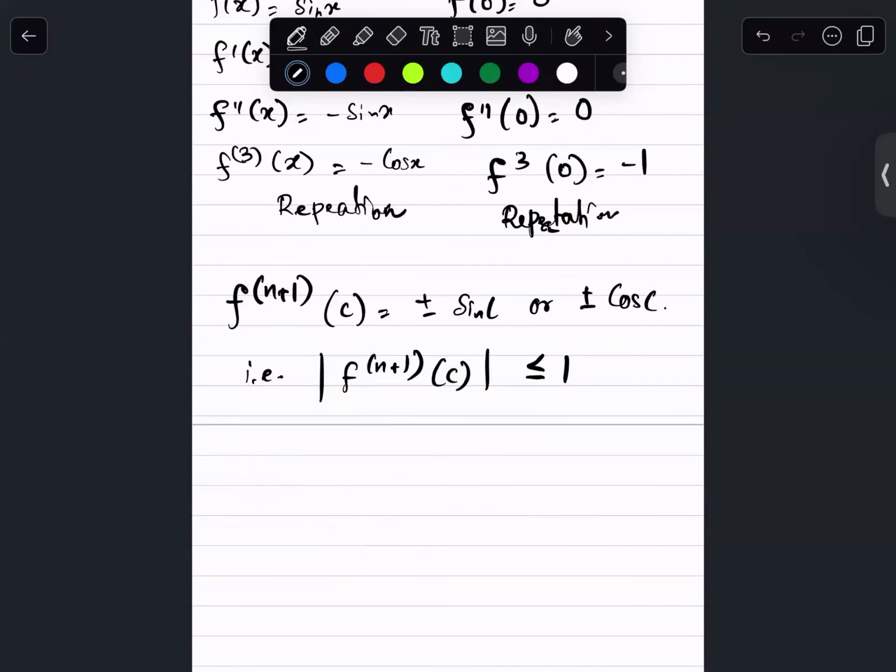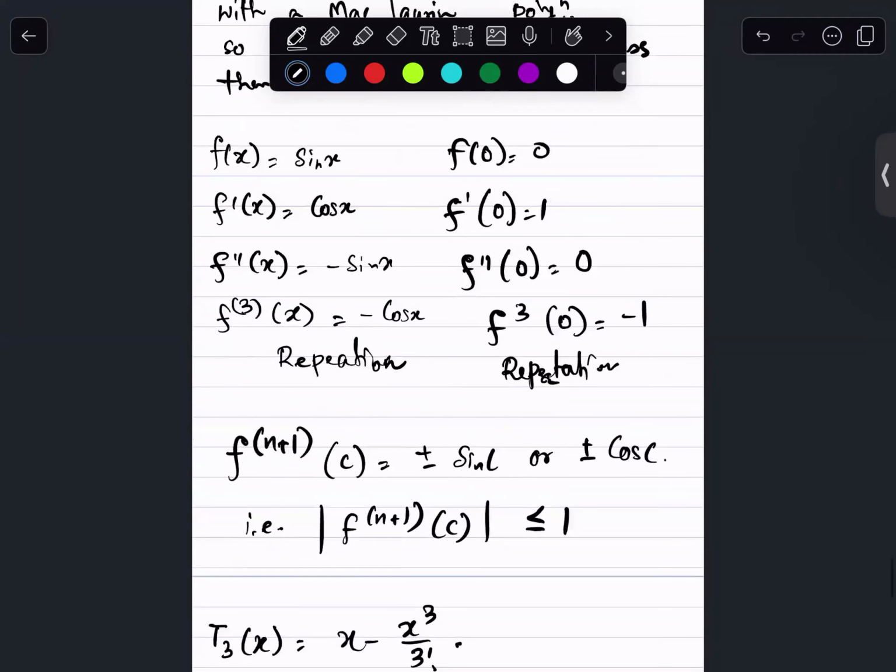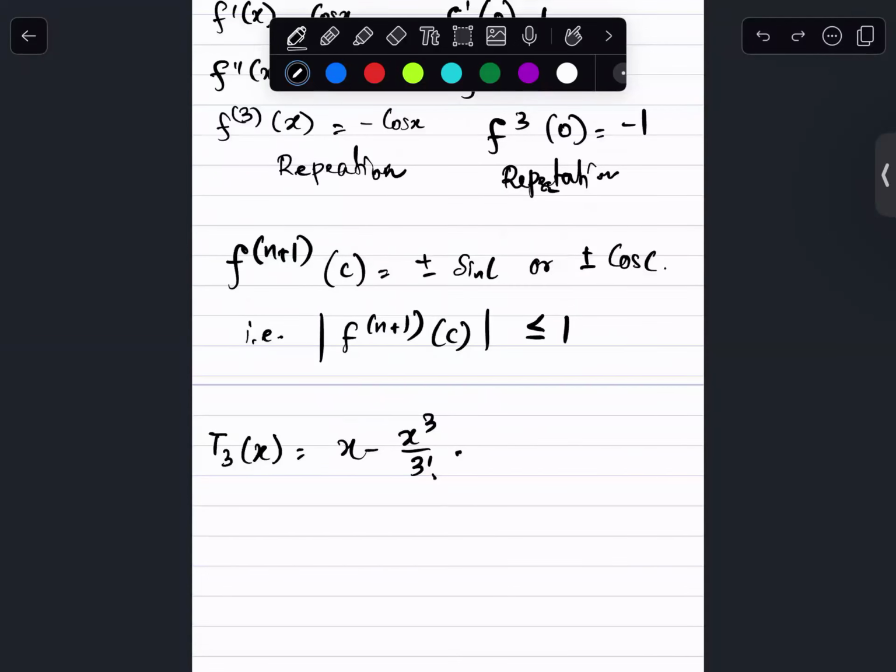T3(x) will be x minus x to the third over 3 factorial, from all of this calculation that I have done. Just put the values in the general nth degree Taylor polynomial and you will get the answer.